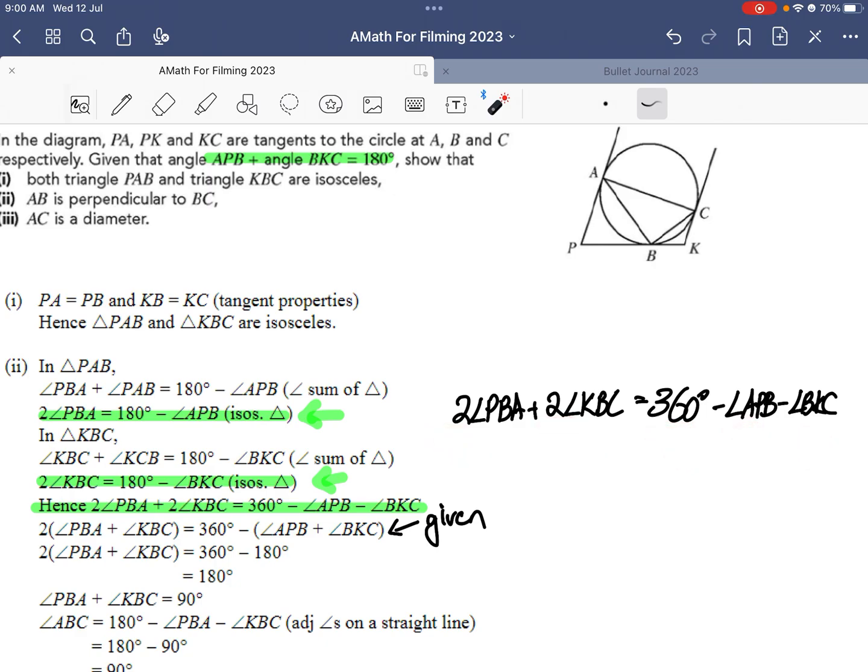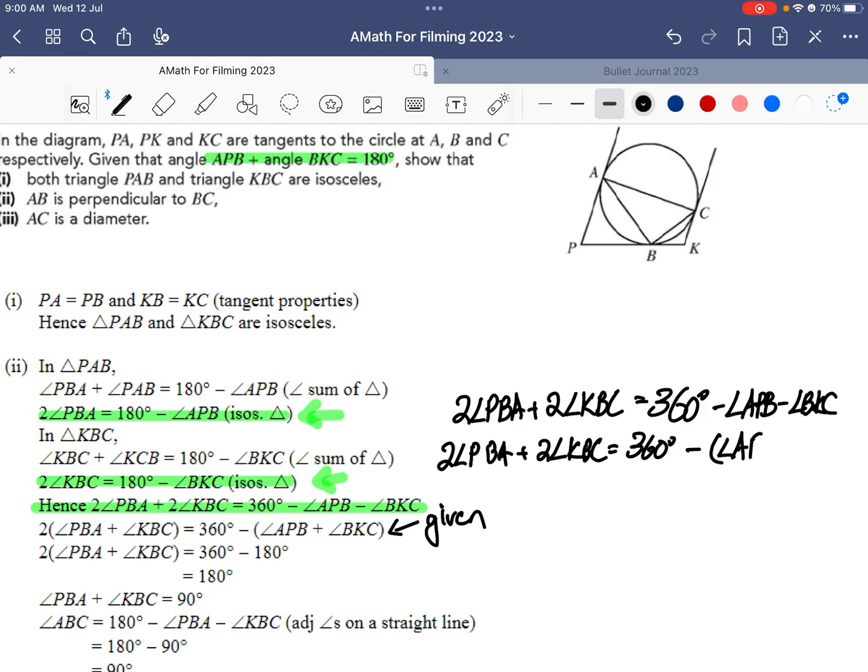But before I do that, let me do some simplification first. So, 2 of angle PBA plus 2 of angle KBC equals to 360. Now, if I factorize negative 1, I got angle APB plus angle BKC.